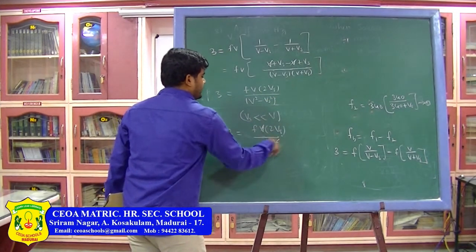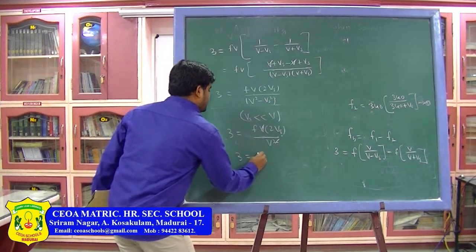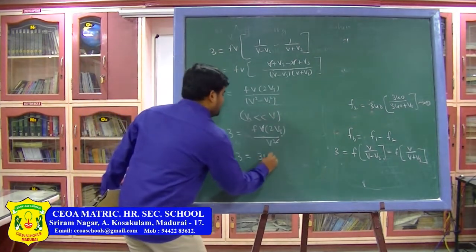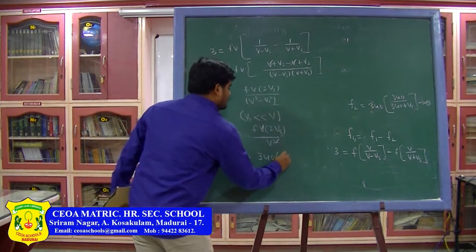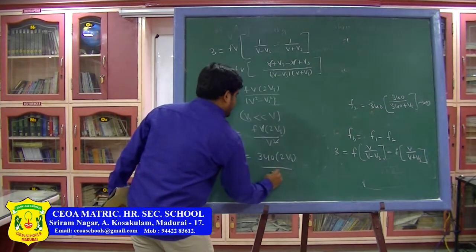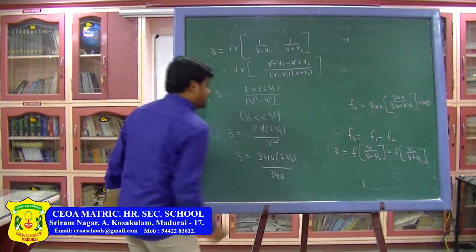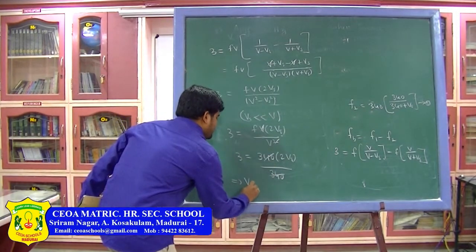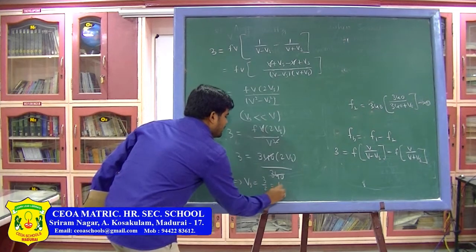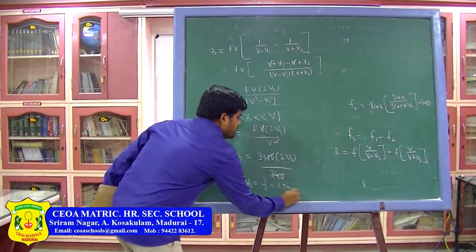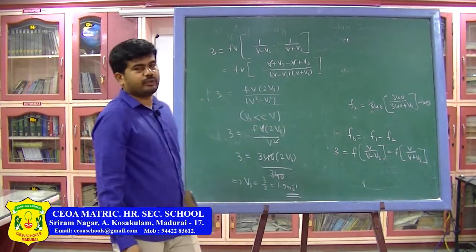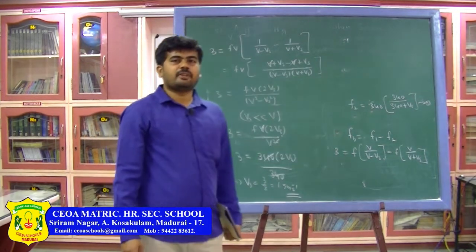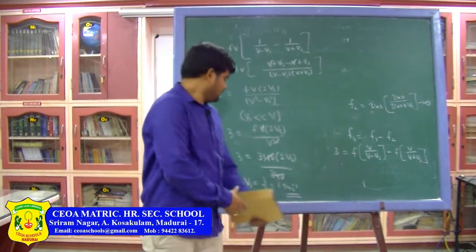So here one V gets cancelled, then 3 is equal to F, that is the frequency of each tuning fork, into 2 into Vs divided by V. So, 340 into 2 into Vs divided by 340. 340 gets cancelled, that implies Vs is equal to 3 by 2, that is 1.5 meter per second, that is the speed of each tuning fork which are producing 3 beats per second with the stationary observer in this case. That is the answer for this problem.